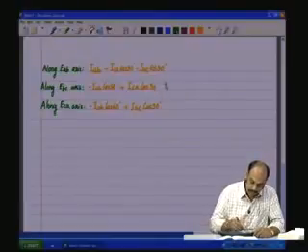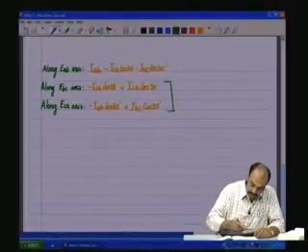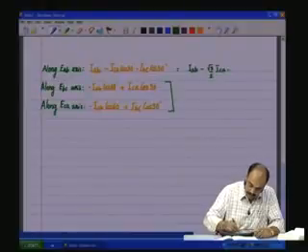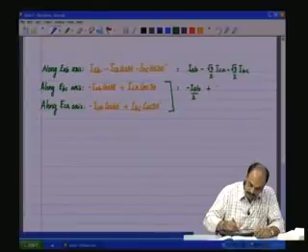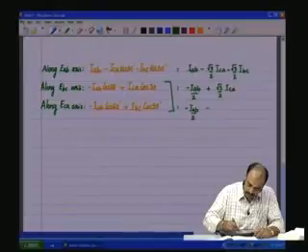Now, let us equate these two. This of course is equal to I_AB minus root 3 by 2 I_CA minus root 3 by 2 I_BC, and this is equal to minus I_AB by 2 plus root 3 by 2 I_CA, and this is equal to minus I_AB by 2 plus root 3 by 2 I_BC.